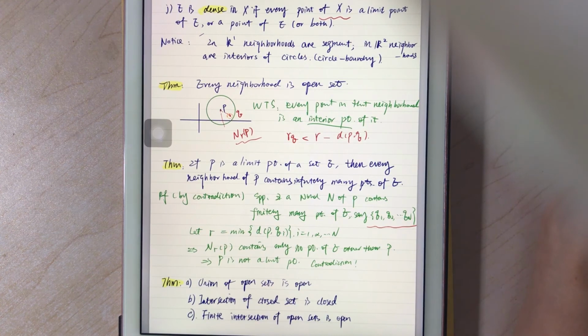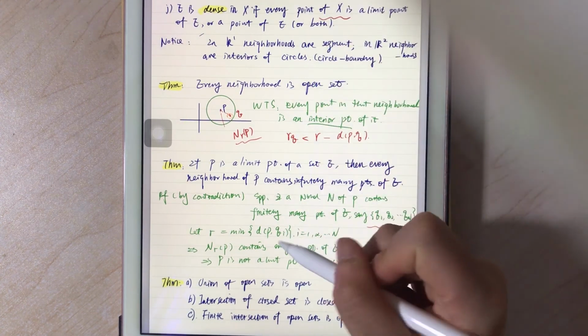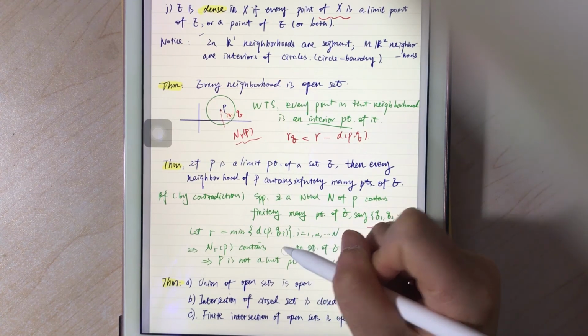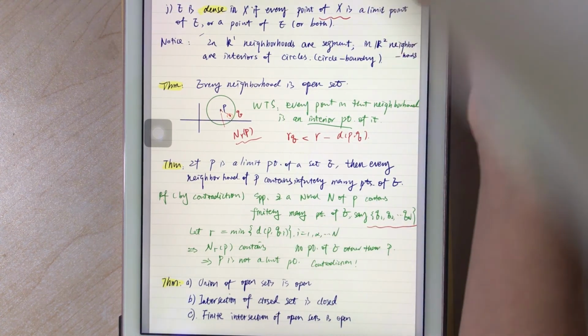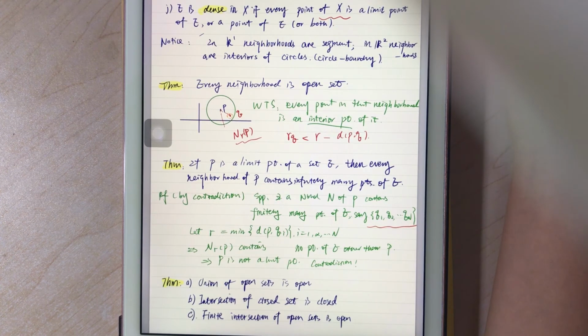And now we get that N_R(P), where R is the minimum distance, contains no point of E. So in this case, P is not a limit point, right? I'm sorry, here it should be contains no point of E other than P, because we don't take points on the boundary.